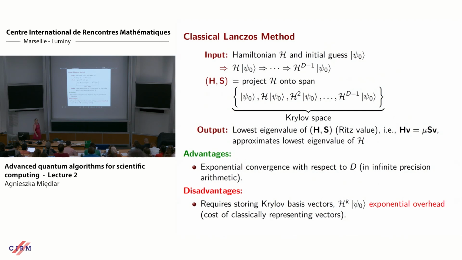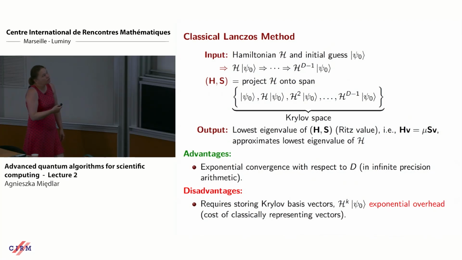If we do that, we create the space that is called the Krylov space. For those of you who worked with iterative solvers, it's just the space where you have an initial vector and then you apply powers of your operator. You gather those vectors and you have a Krylov subspace. In the classical world, we know how to get orthogonal bases of the space, so the work is a little bit simpler.